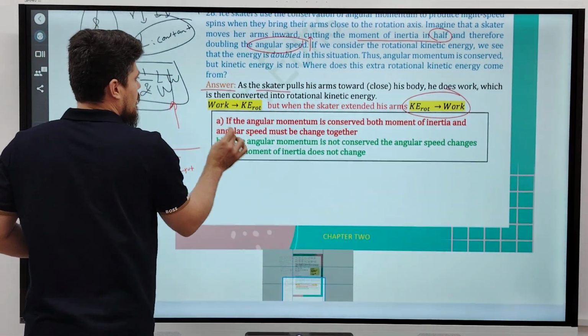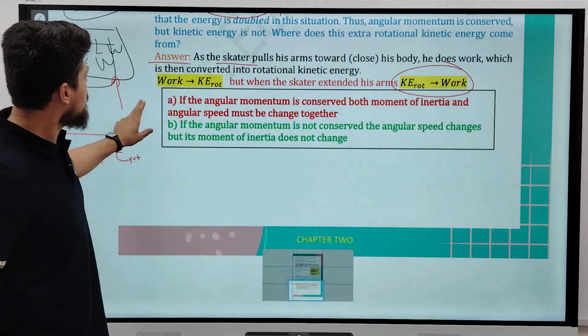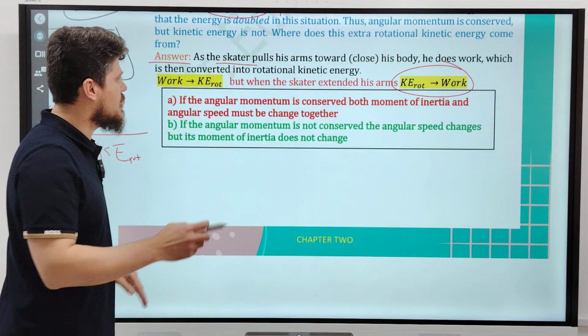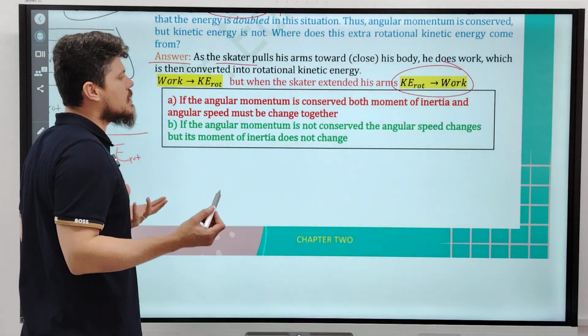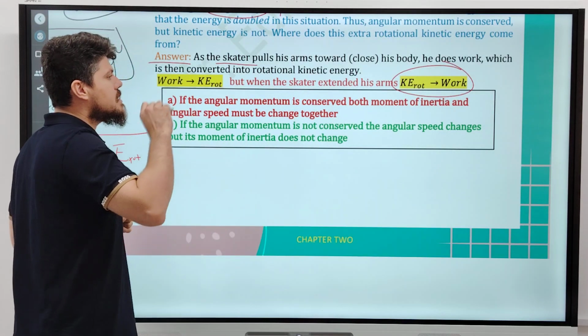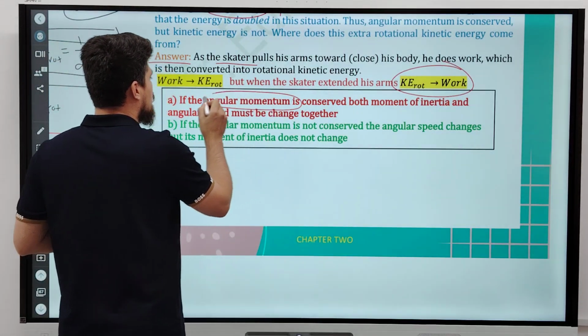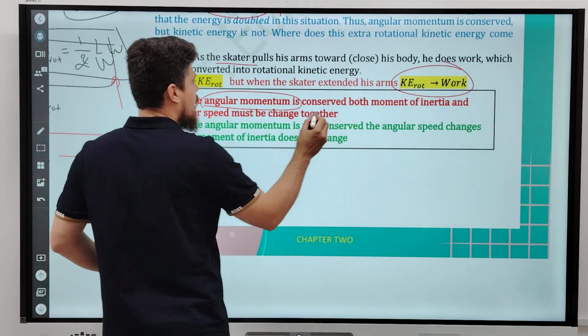Look at this note. If the angular momentum is conserved, both moment of inertia and angular speed must change together. When do moment of inertia and angular speed change together? If the angular momentum is conserved.